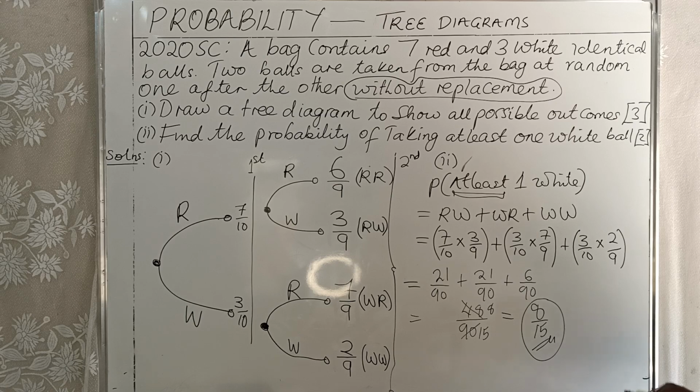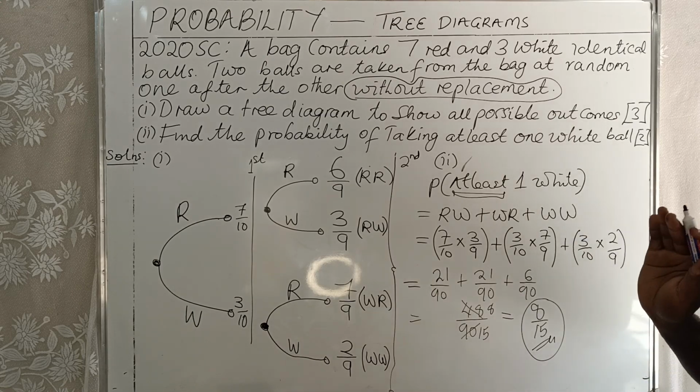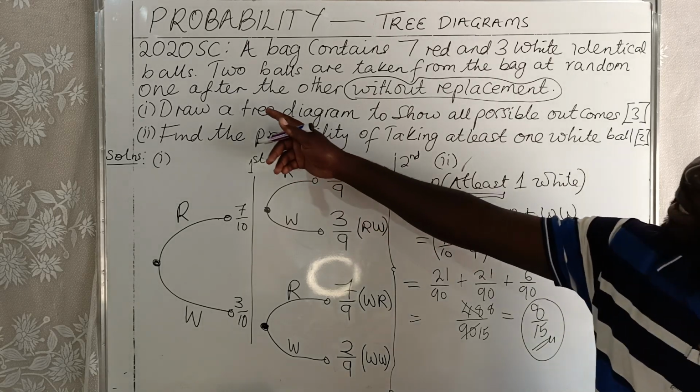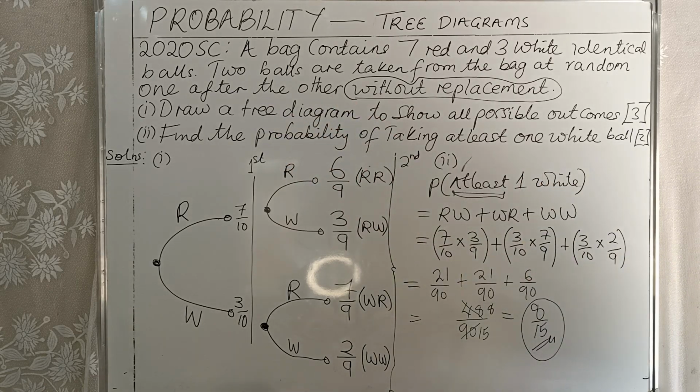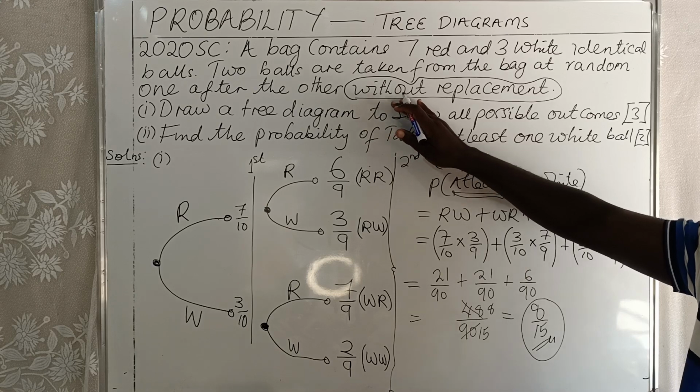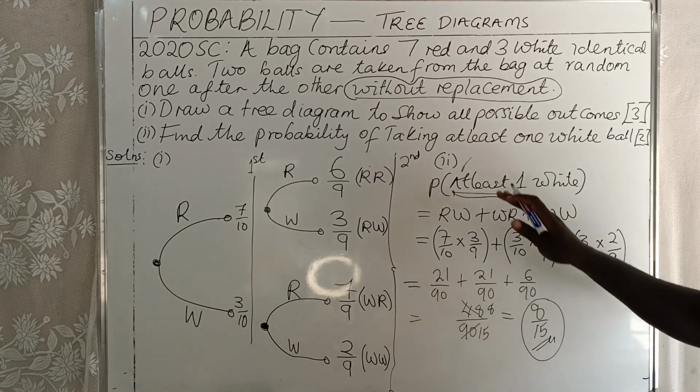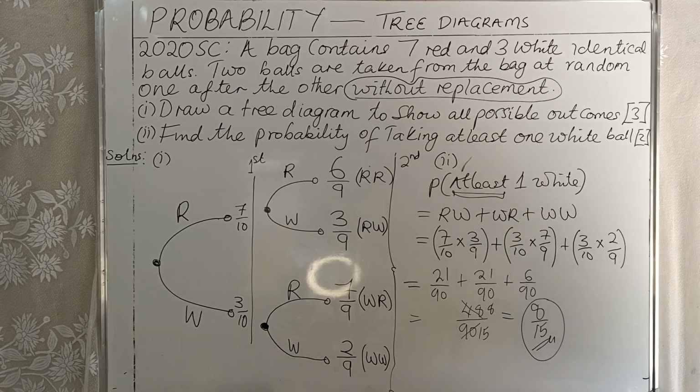So, we need to pay particular attention to these particular phrases, one after the other, what it means. And when we have phrases like without replacement and words like at least, these are very key in calculating these probabilities.